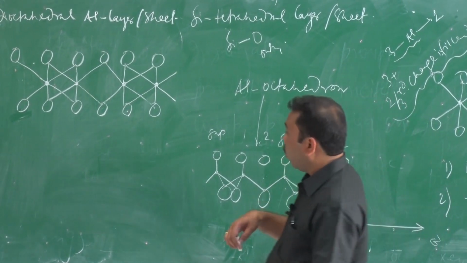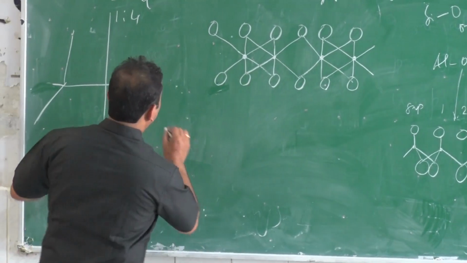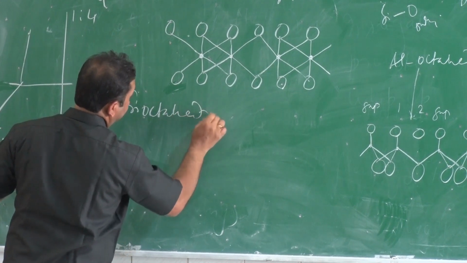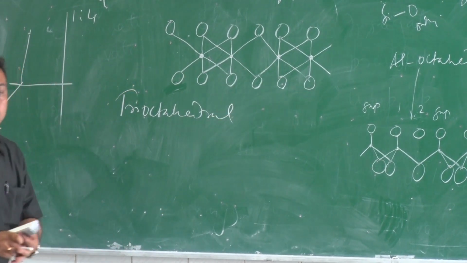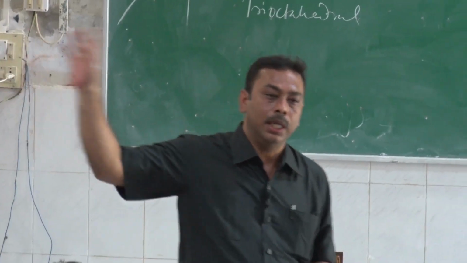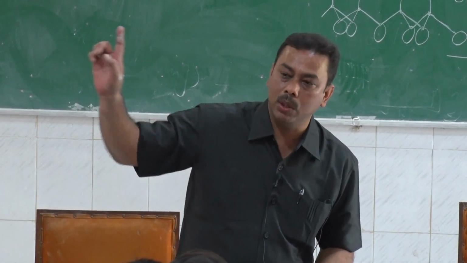Now, what will be the trioctahedral? What I said about the trioctahedral? Tri means out of the 3 positions, all will be filled. That means 1, 2, 3, 1, 2, 3, 1, 2, 3. It is very continuous one, right? It will go on.